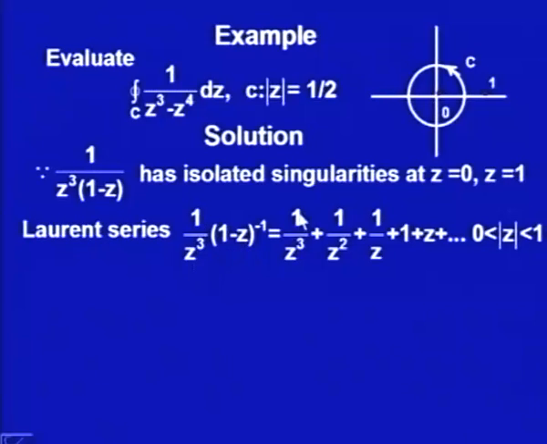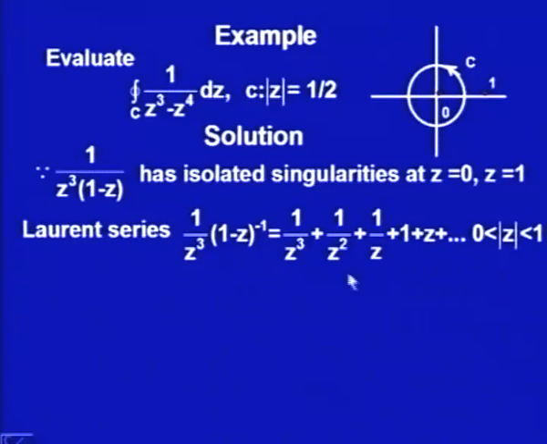So we get 1 upon z cube plus 1 upon z square plus 1 upon z plus 1 plus z and so on, and this expansion is valid for all z with mod z lying between 0 and 1. That disk contains my contour, and the singularity is inside that contour.